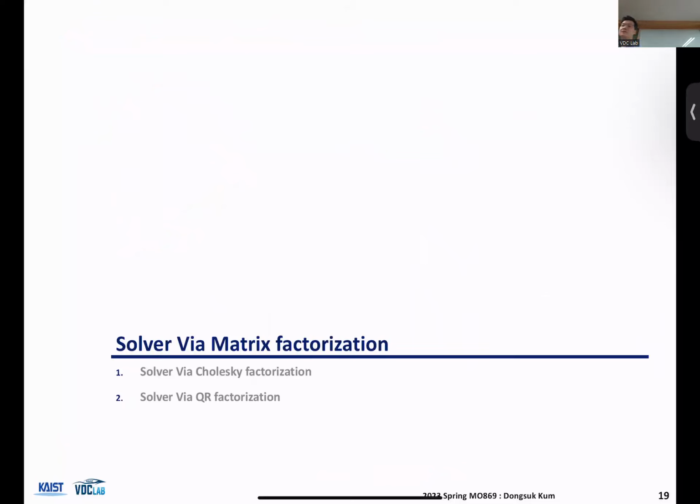I don't know if you have been exposed to these factorization techniques in linear algebra. How many of you have heard of Cholesky factorization and QR factorization? Three? No one else? Okay.